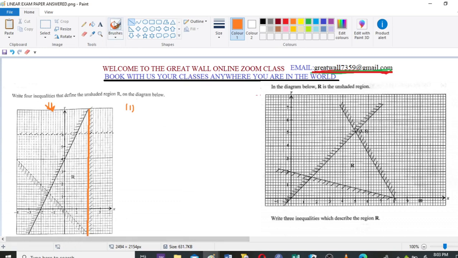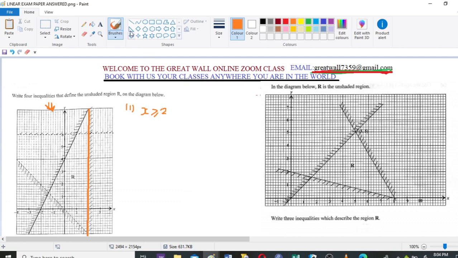And the line is not broken. So since the line is not broken, our inequality will be x is greater than or equal to 2, because 2 is included. So this is the shaded region.